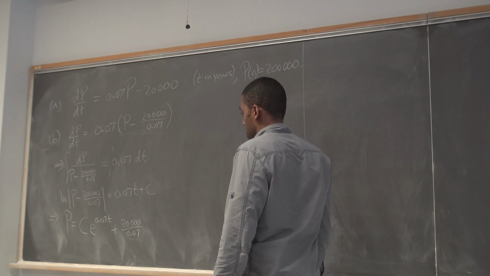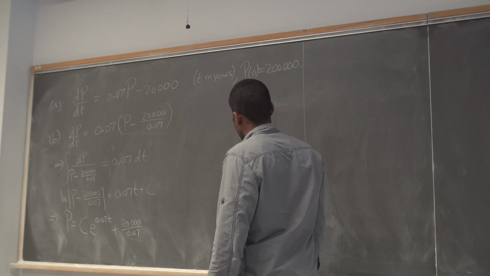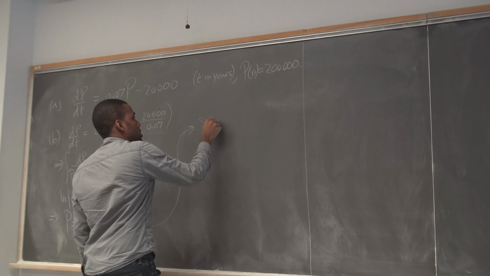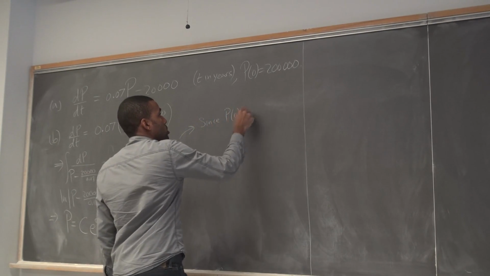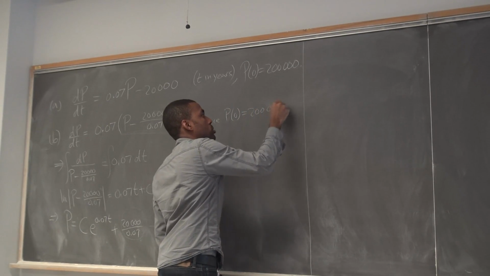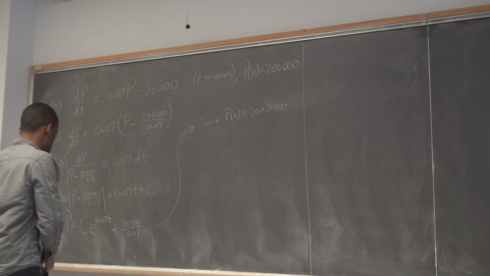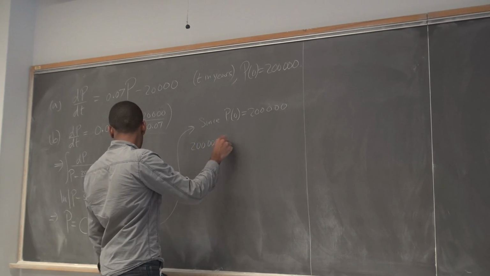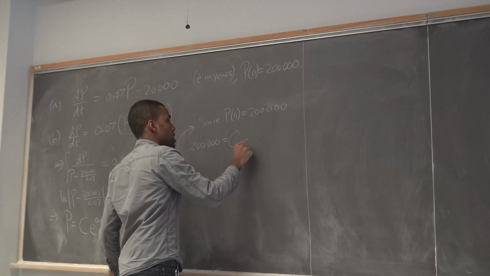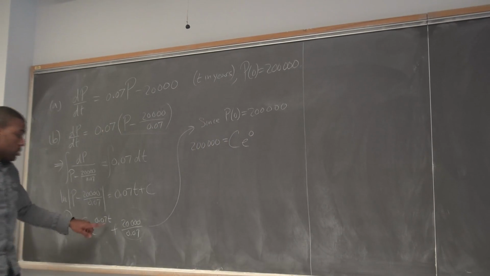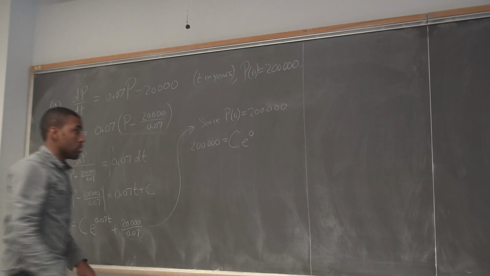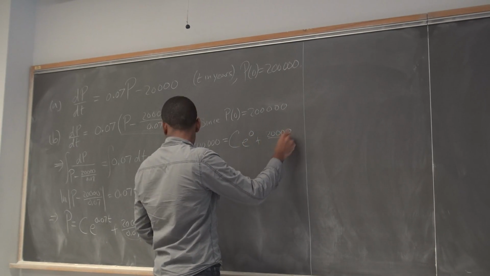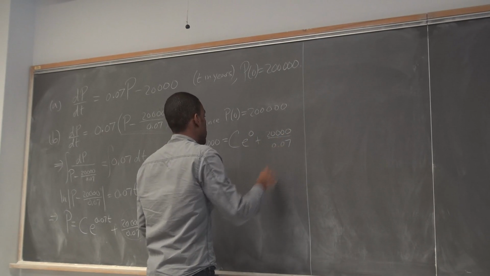Okay, so let's actually find that C. Since P of 0 is equal to 200,000, that means I can plug in 200,000 is equal to C e to the 0, because I would plug in t equals 0 here, plus 20,000 over 0.07.